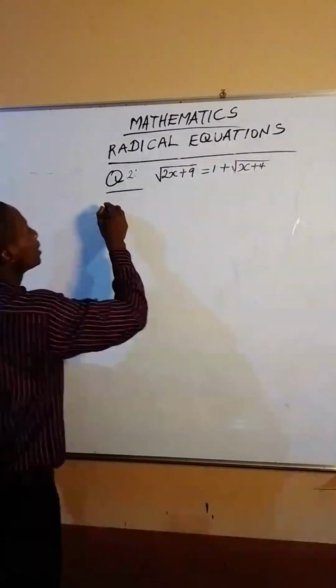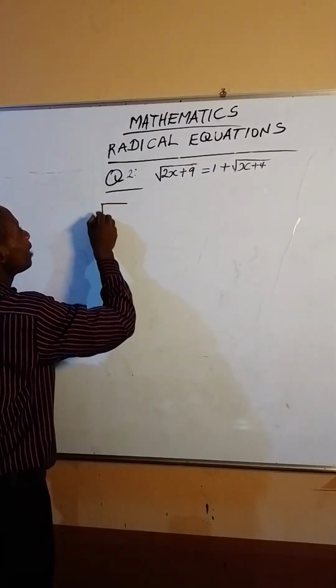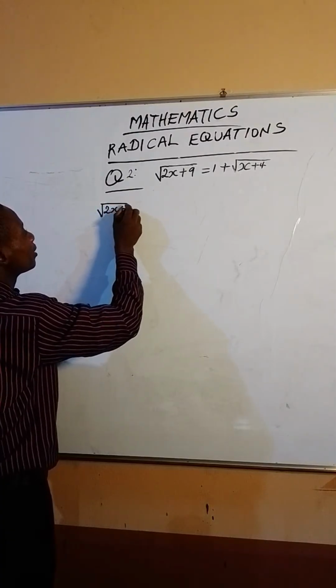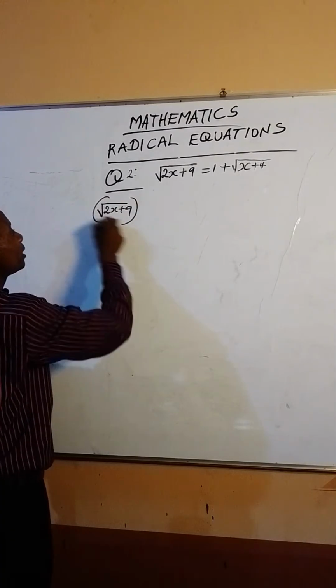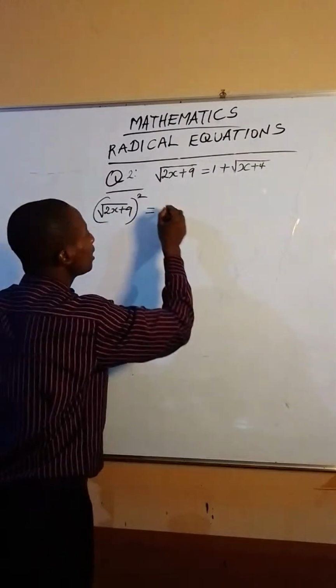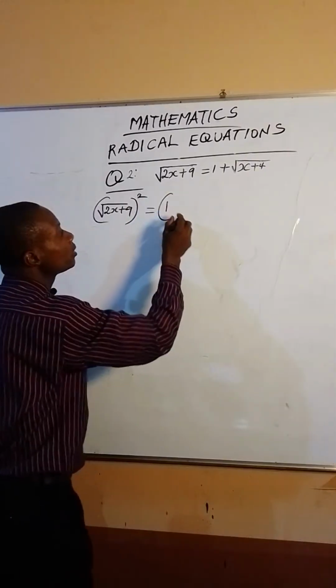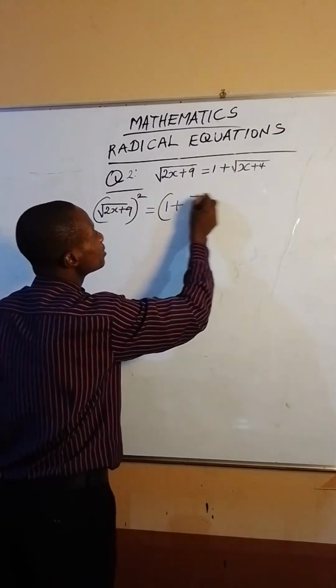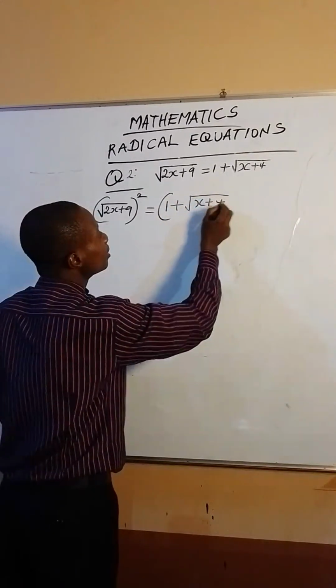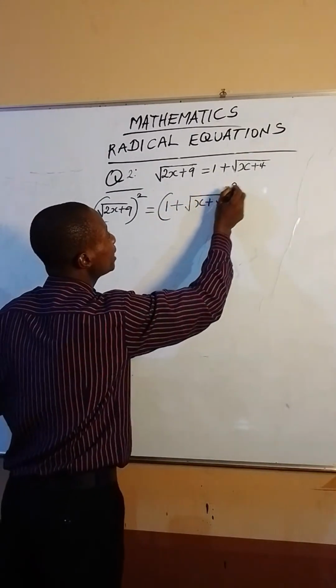Now, squaring both sides, I have my 2x plus 9, and I'm going to square it here. Then here, I have 1 plus the square root of x plus 4, and I will square it again.